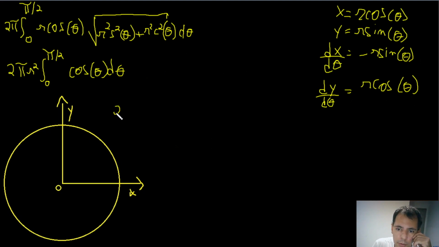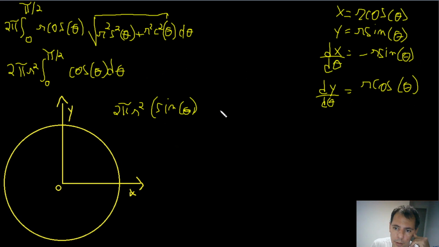This is going to be equal to 2 pi r squared, and you have the integral from 0 to pi divided by 2 of cosine of theta. Well, the integral of this is just sine of theta. So you're going to multiply this by sine of theta.